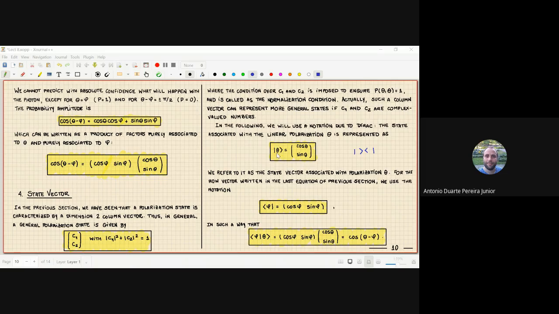So we use the notation of bra and ket in order to differentiate them, and we learned how to compute. Let me just finish this sentence. And we took the scalar product between phi and theta, and in this order it gives you a scalar.